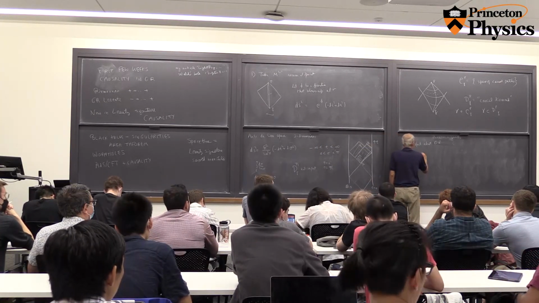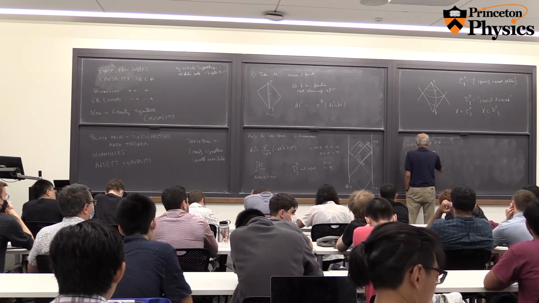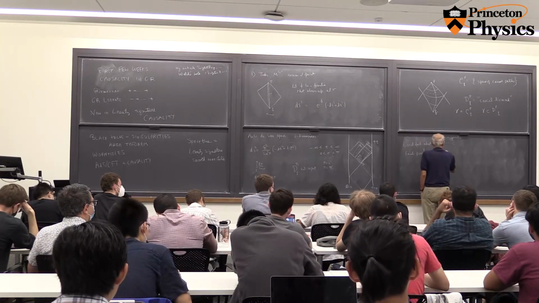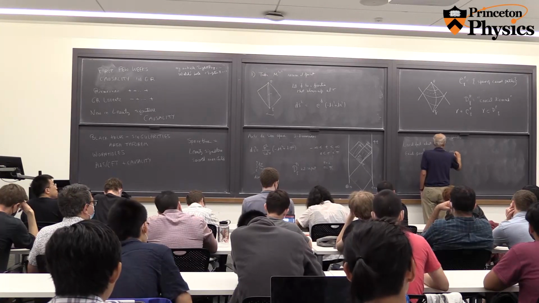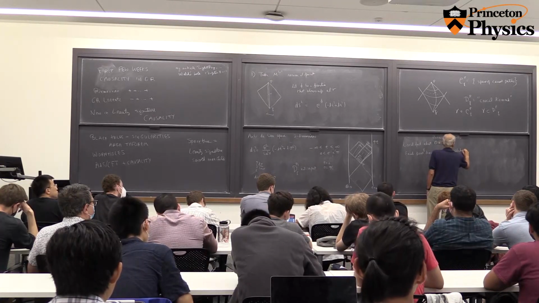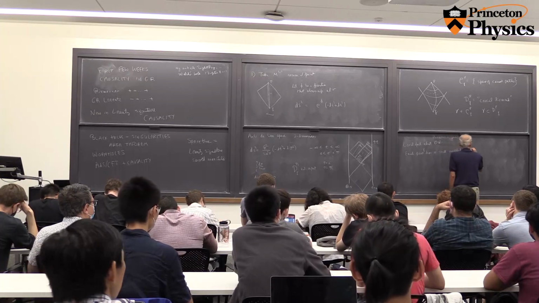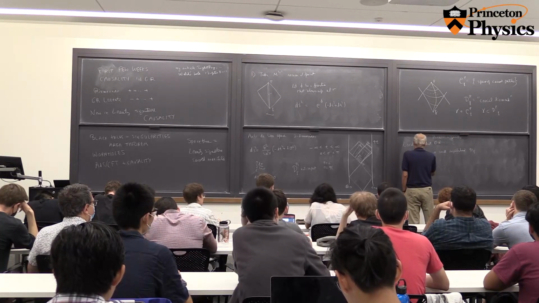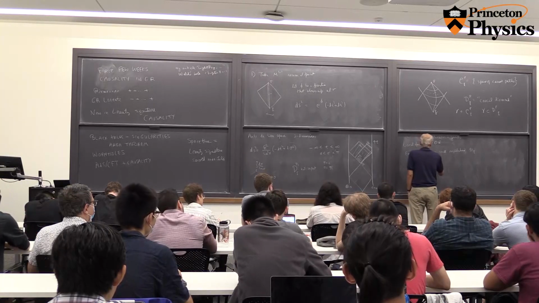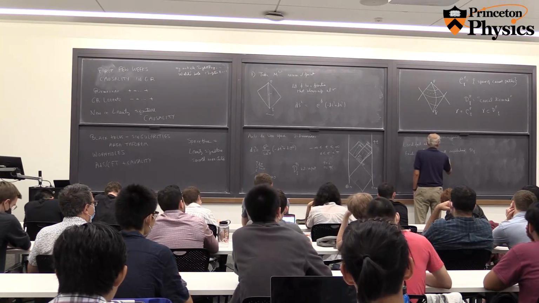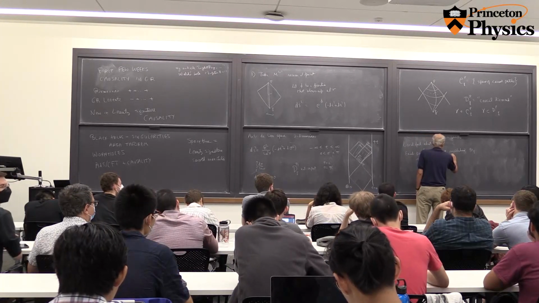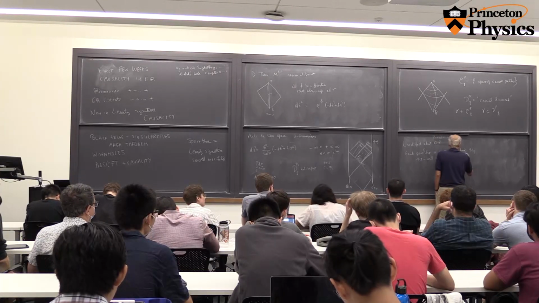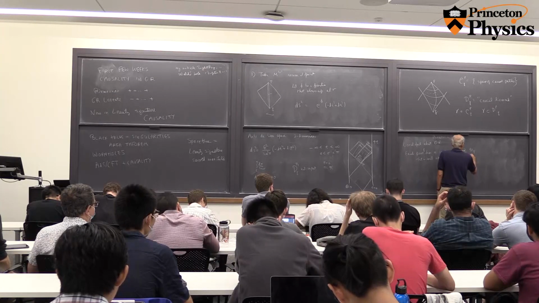So each point Q has a small neighborhood U_Q that is well approximated by a neighborhood in Minkowski space.